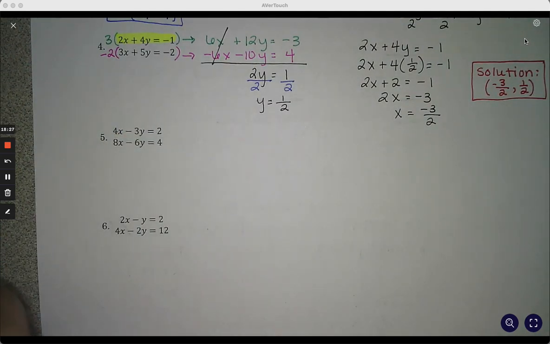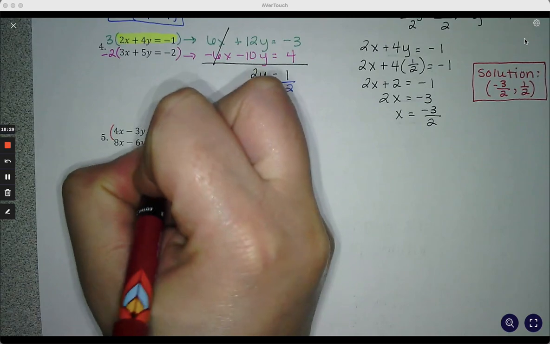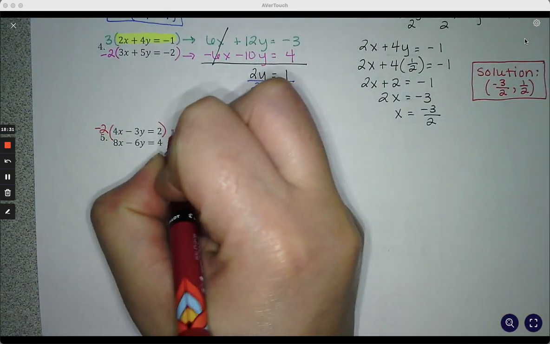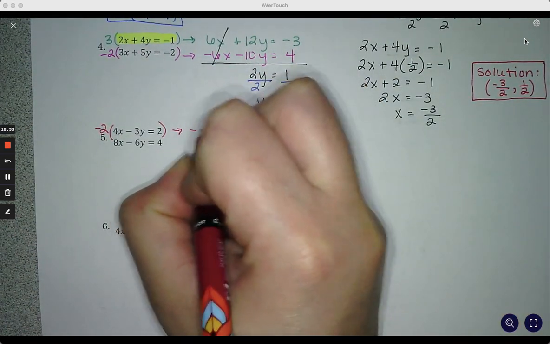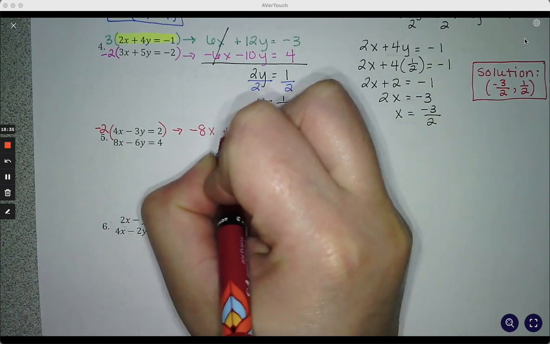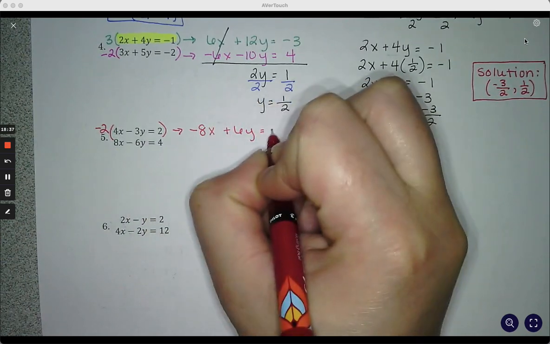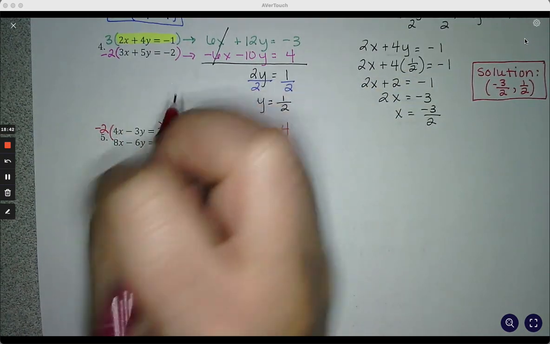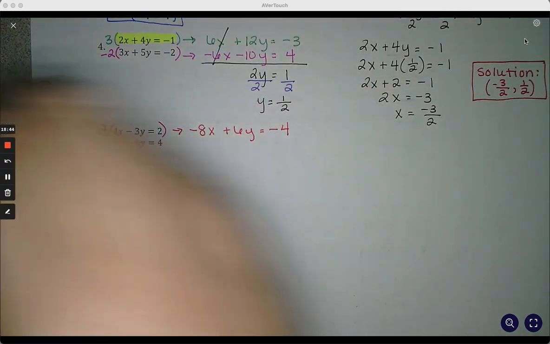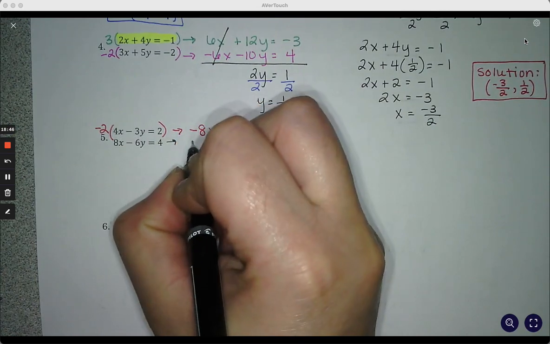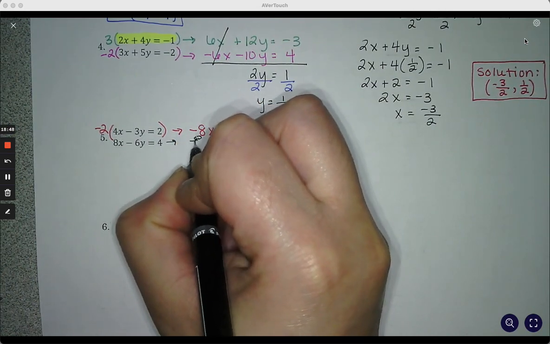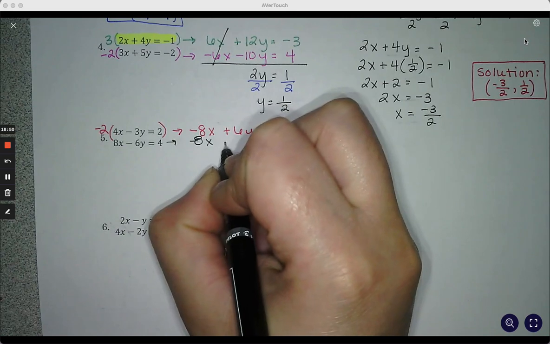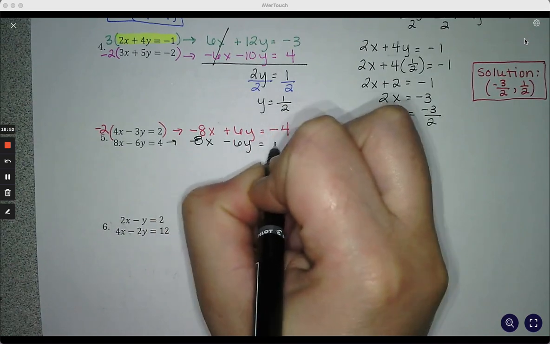So I'm going to go ahead and multiply this top equation by -2. So I end up with -8x plus 6y equals -4. Yeah, 2 times -2 is -4. And the bottom equation stays the same. So I have an 8x, that's +8, minus 6y equals +4.